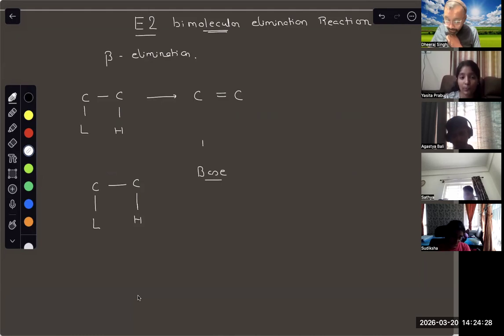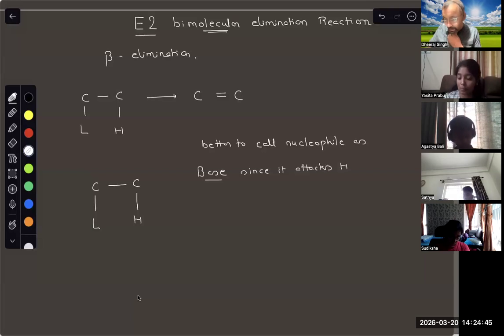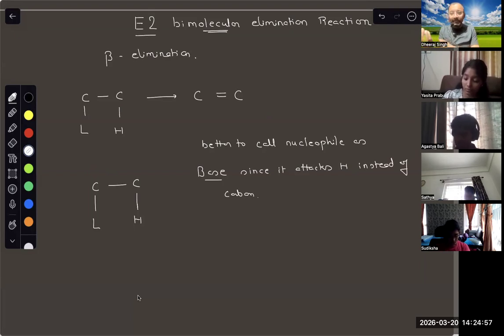It is better to call the nucleophile a base since it attacks H instead of carbon. If it attacks carbon, then you say nucleophile. Why will you say nucleophile when it takes H plus? H plus is typically taken by bases. So we'll call it base.